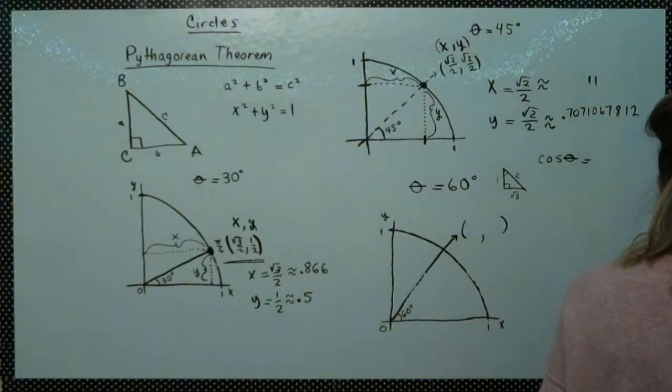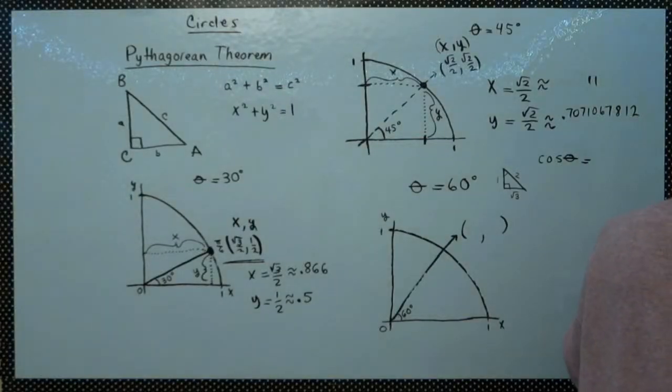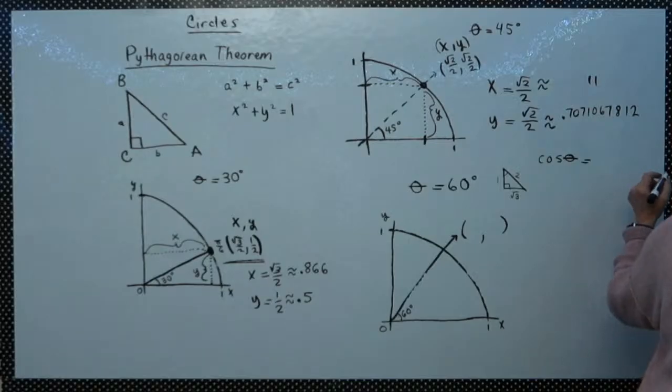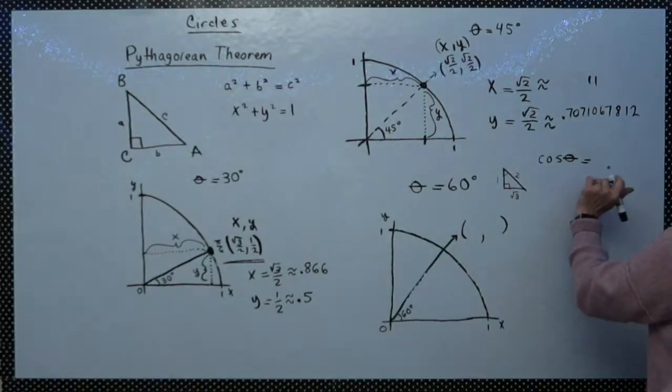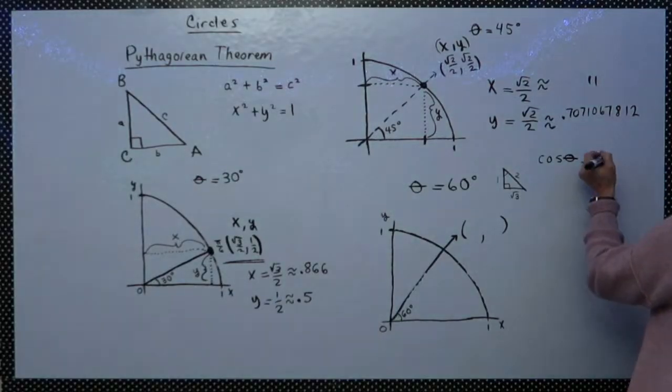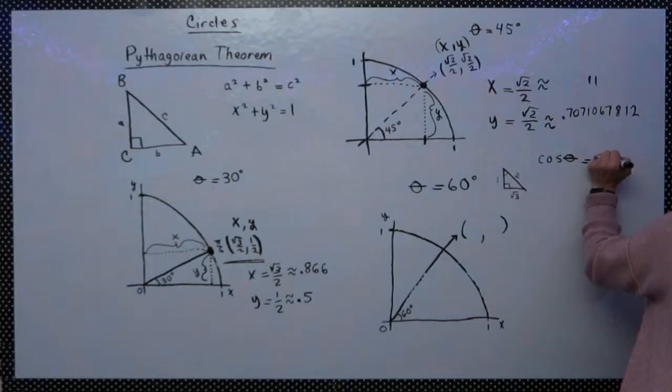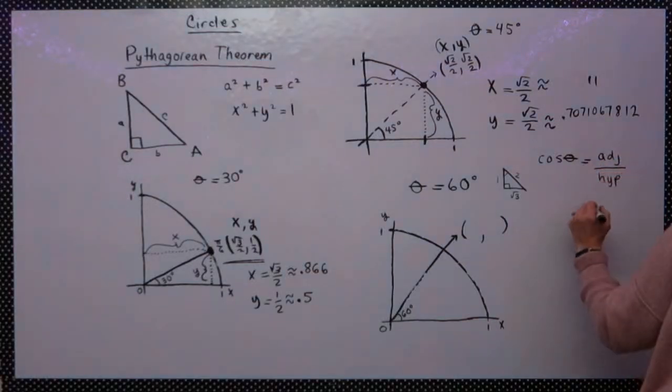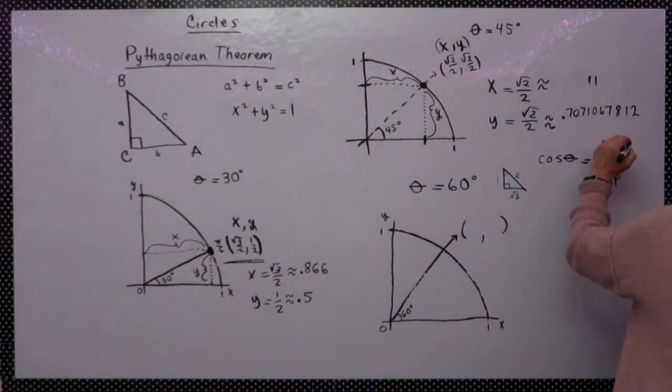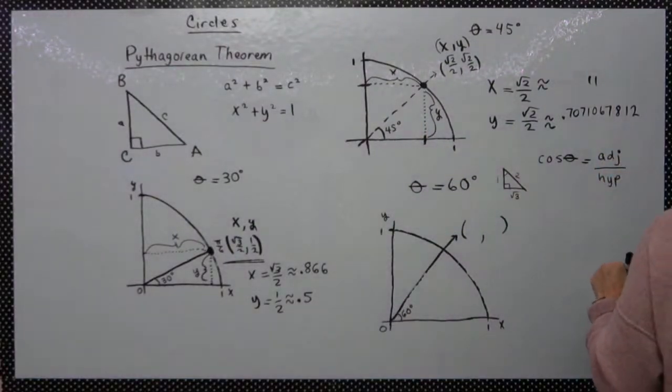I can see it on mine. We'll leave it. Cosine theta is adjacent over hypotenuse. I don't want to get in a rush. I can take my time, be a little bit slower about it.